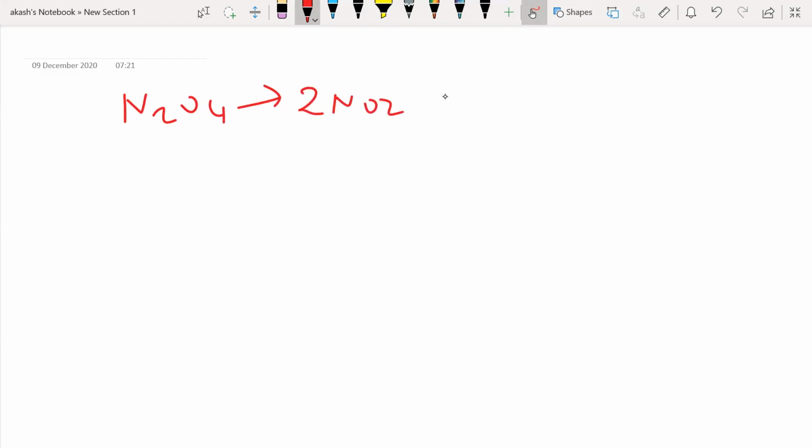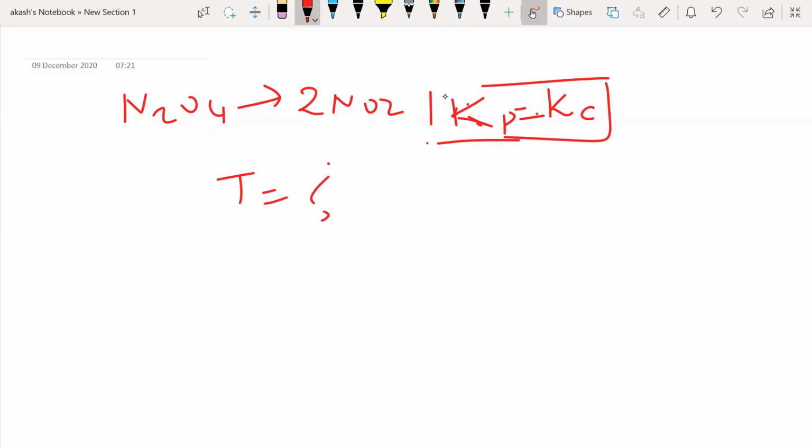They have given this reaction, and for this particular reaction, Kp is equal to Kc. This is given to you. Now the question is, what is the temperature? That's what we need to find.